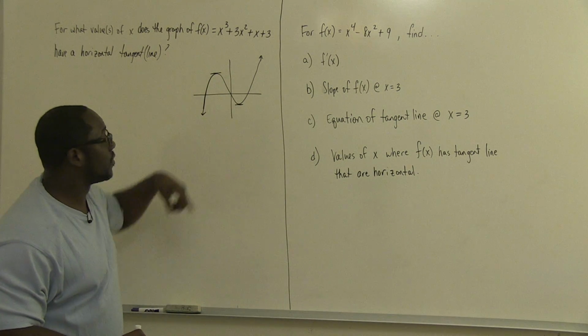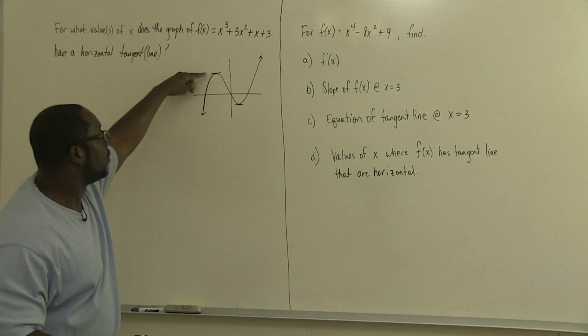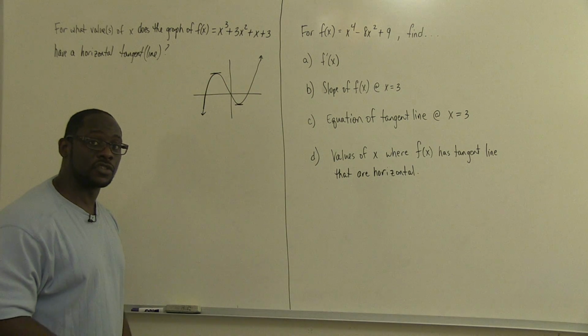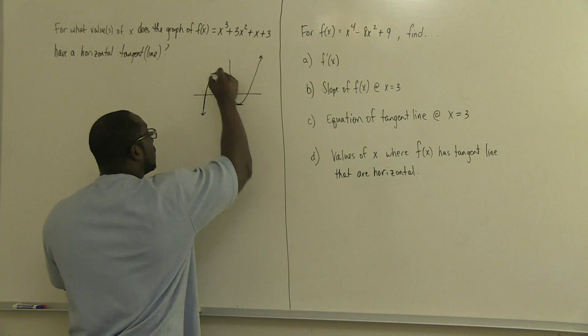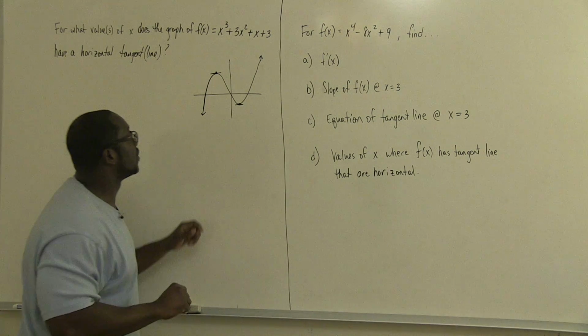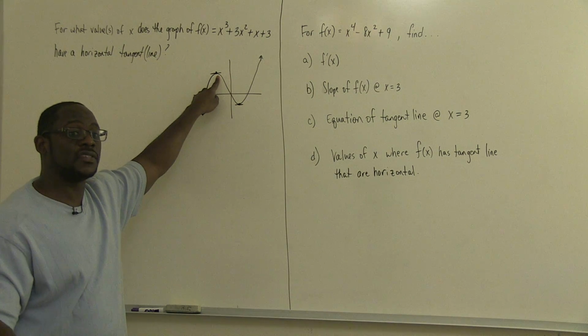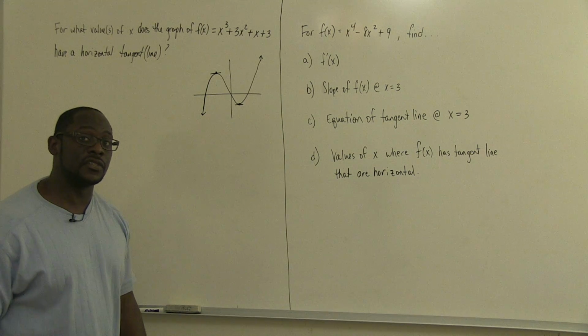So we see that there's two places. If we were taking the derivative of this particular function, the instantaneous rate of change at these points, then that would tell us that the instantaneous rate of change, or derivative, would be 0 there, because the slope of the tangent line there is 0.